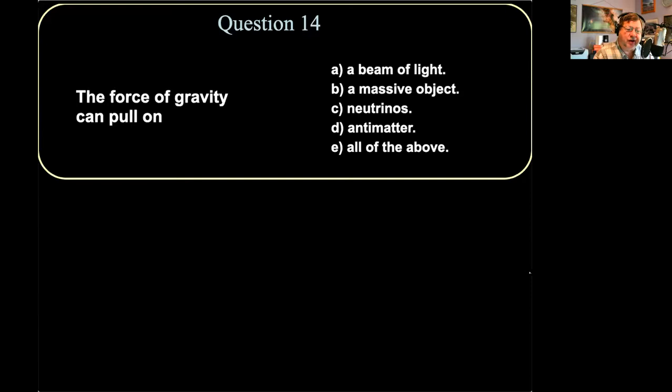And clearly you are all correct. The force of gravity can pull on everything. That'd be a beam of light, a massive object, neutrinos, and antimatter. And in fact, later in this course, we will show how the bending of light, because of the warping of space-time, has dramatic effects on our ability to detect distant objects.